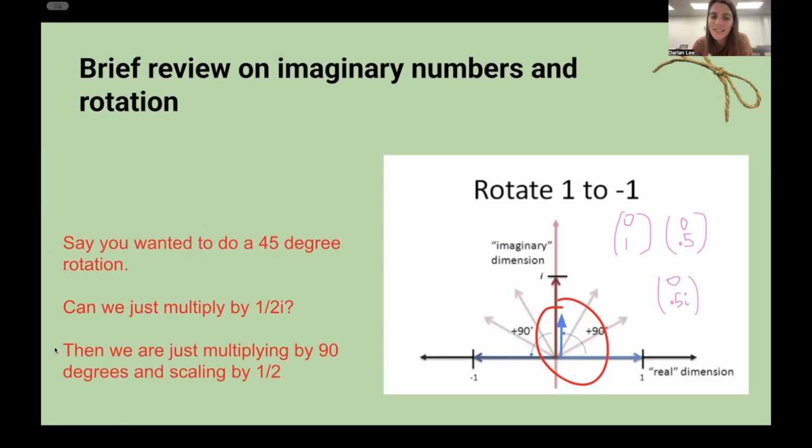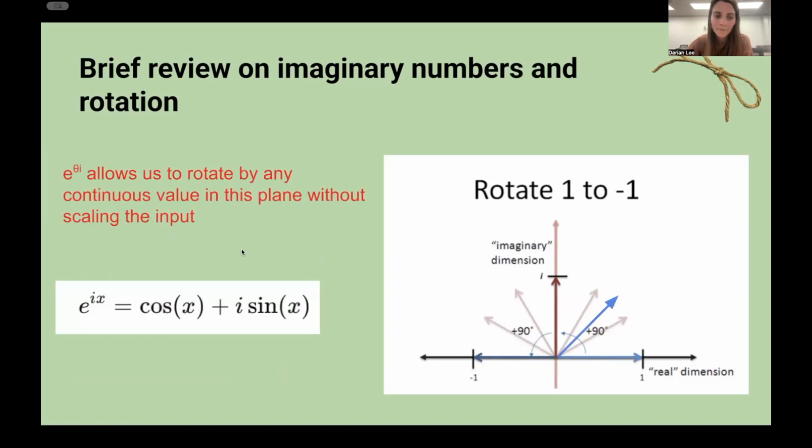So this is the intuition for why we're going to need to use e rather than just using i, because it turns out that e lets us rotate any angle around this complex graph. And the reason for this is that we have Euler's formula here.